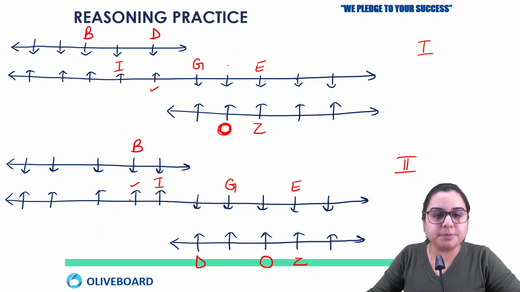D faces the person who sits third to right of A, means leaving two positions. So if I leave two positions towards right, it is E. So towards left, I am going to leave two positions. So D faces the person who sits third to right of A. That means A will be written here. And according to facing, right of A comes towards the person who is opposite to D.